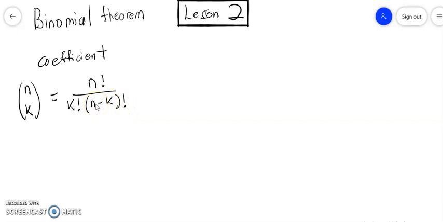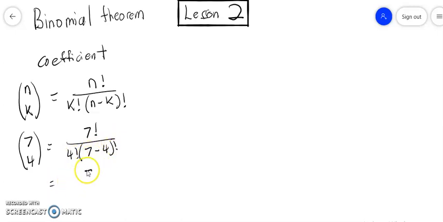Now, an example. Here you have 7, 4. You'll make it 7 factorial, here will be 4 factorial, and here will be 7 minus 4 factorial. You can simplify this by 4 factorial and also 3 factorial.